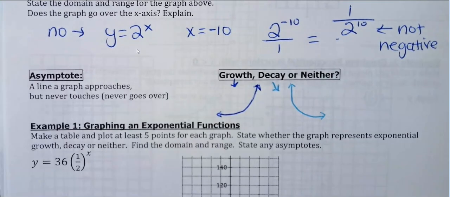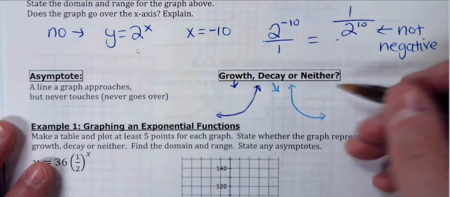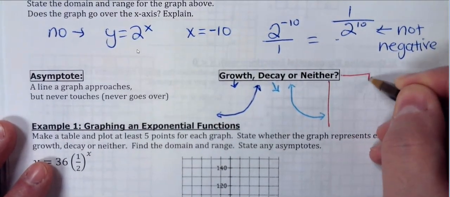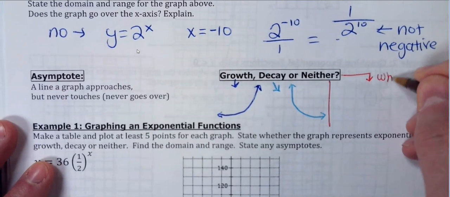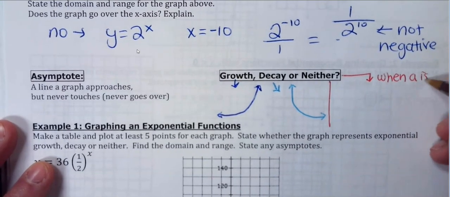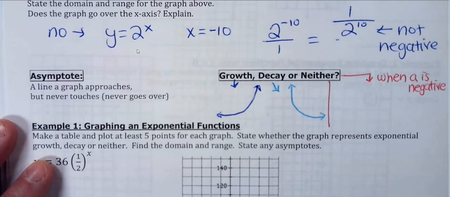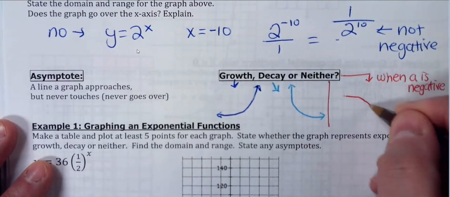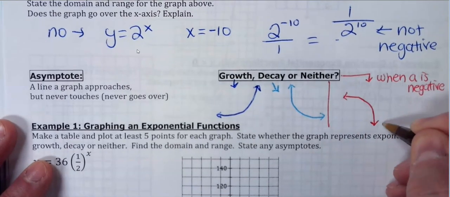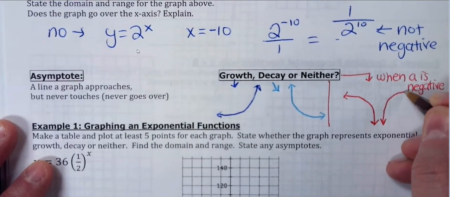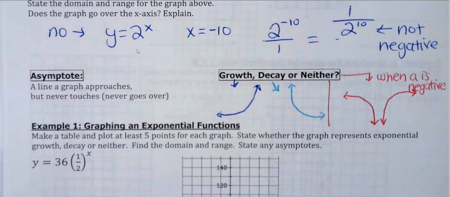And the neither category happens when A is negative in your equation. And that can actually look two different ways, but both point down. So either one of these would be considered a neither if it's pointed down.